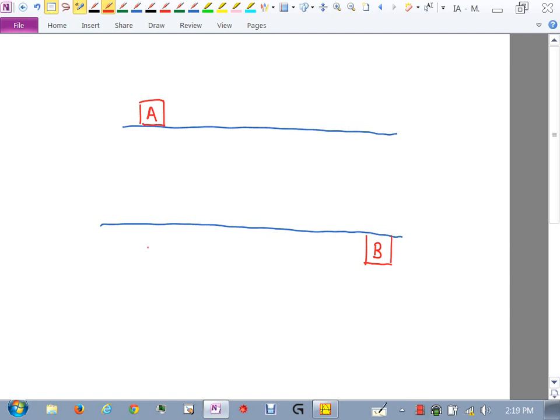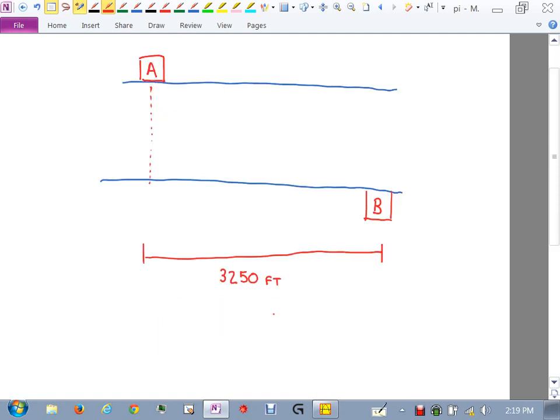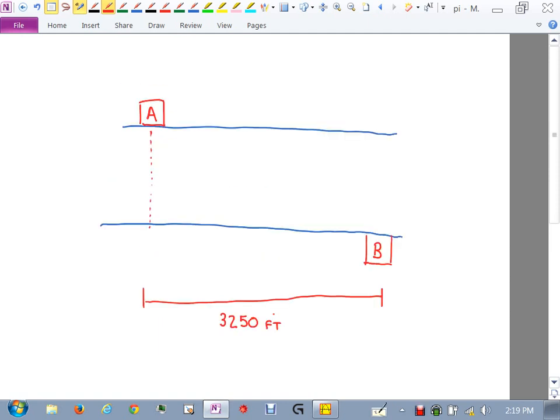Let's say if I go directly across to a point and I measure the distance downstream to B, let's just say that that's 3,250 feet.